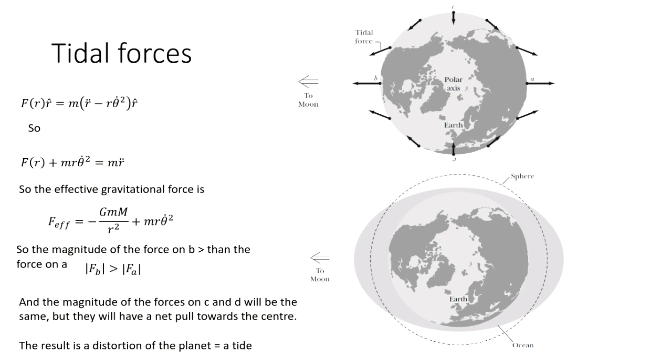Also, you'll have a force at C and a force at D that will be pulling towards the moon. The magnitude will be the same, but there'll be a leftover component that pulls towards the center of the Earth. So basically you have point C pulling down, point D pulling up, point B pulling to the left, and point A not pulling to the left as much.